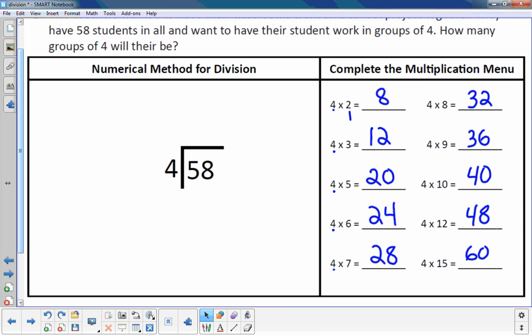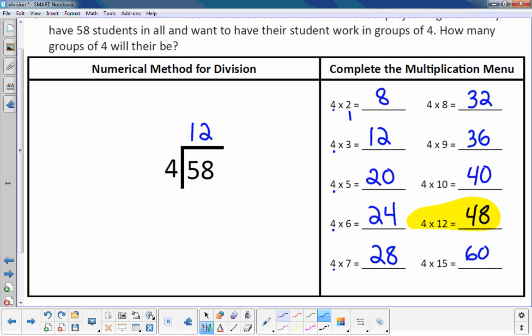So now, if I look at my multiplication menu on the right, what I'm trying to do is find which one of those problems is close to 58. I notice that 4 times 12 is 48. 4 times 15 is too big, it's 60. So I'm going to use the 4 times 12. So what I'm going to do is put a 12 above here, and that's where my answer is going to go in the division problem.